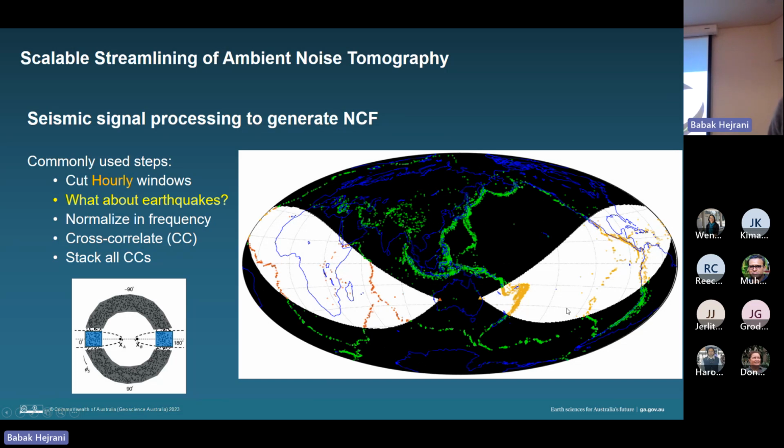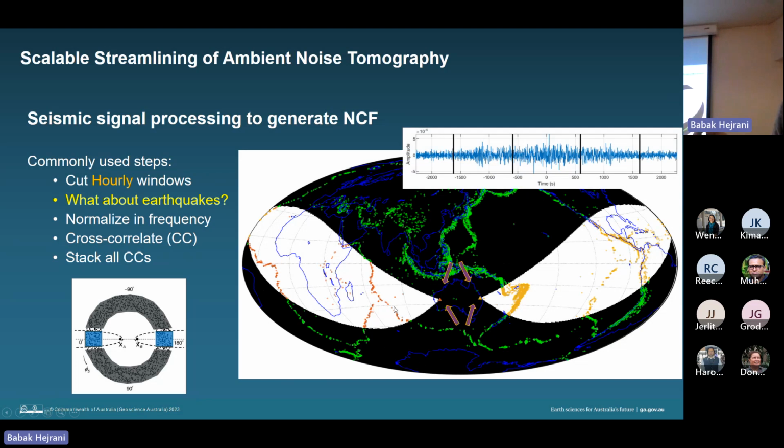That gives you two lobes, one on the right and one on the left, very similar to what's expected from ambient noise tomography. If you stack the signal in these two lobes, you get a good surface wave. But if you stack the ones that contain information from earthquakes, you basically get rubbish. There's no information in there.